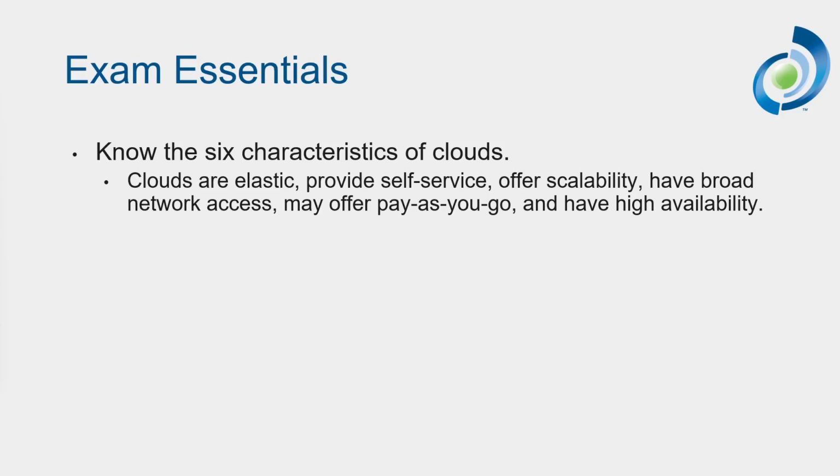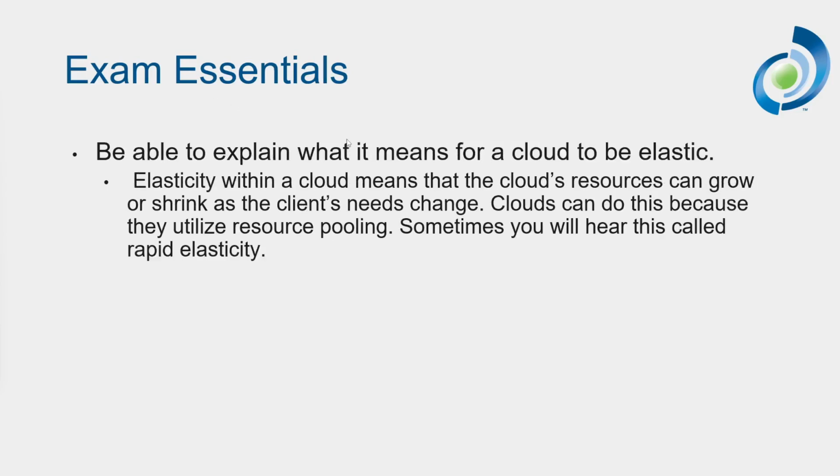But then there are all of the other pieces: they're elastic, they can grow and shrink on an as-needed basis, you can do all of these things yourself, they scale very easily, and they have broad network access. So these are the 6 characteristics of cloud, and you want to be able to speak to all 6 of these.